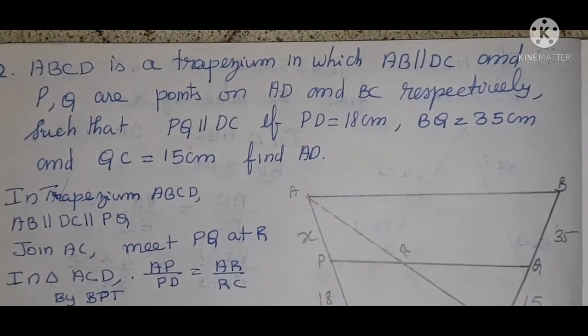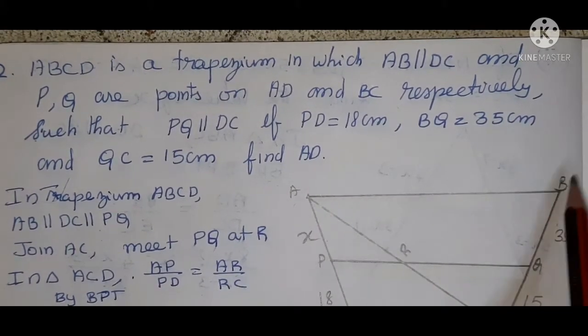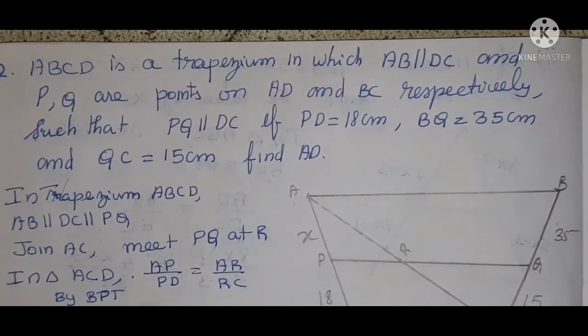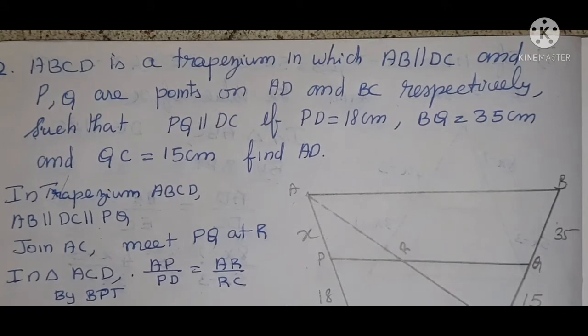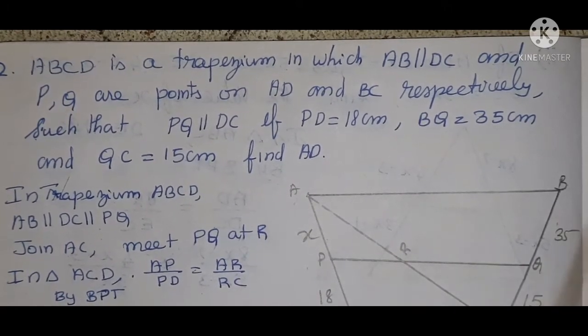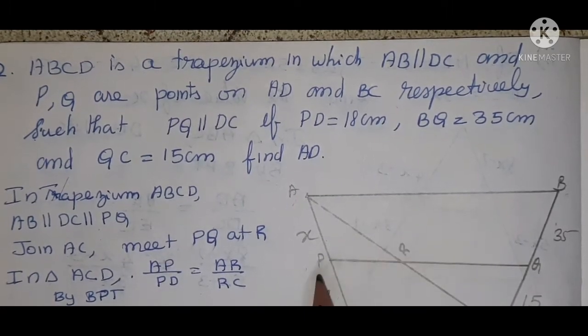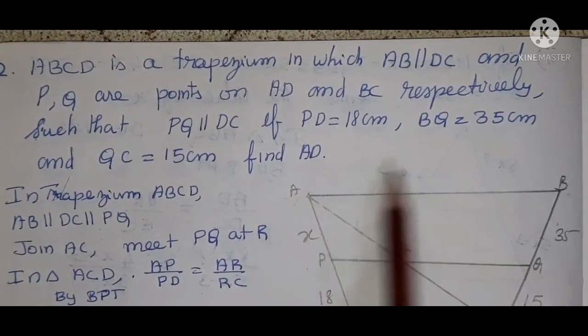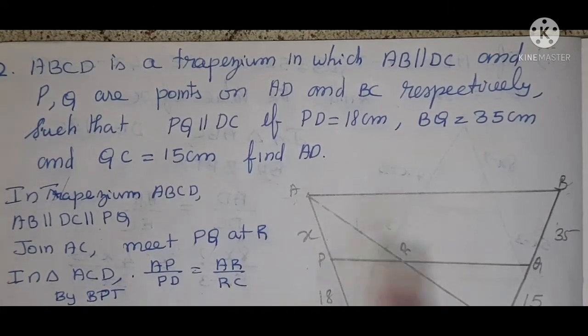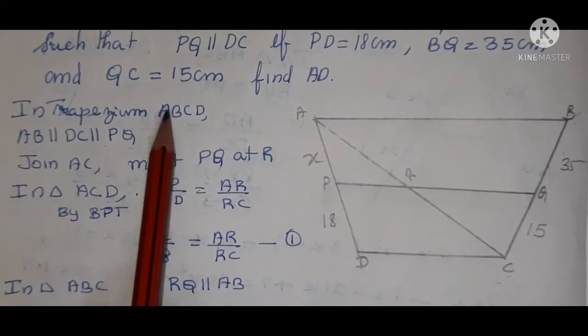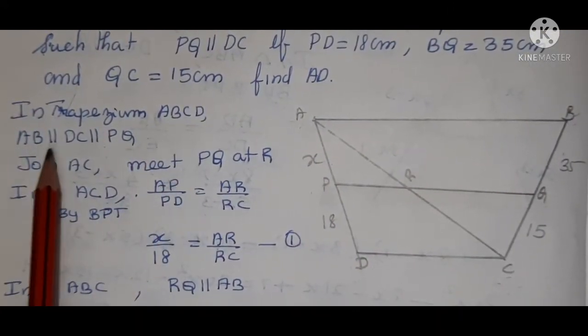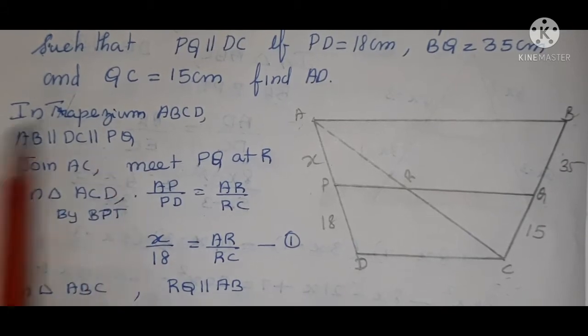ABCD is a trapezium. Here AB is parallel to DC. P and Q are the points on AD and BC. Joining PQ, PQ is parallel to AB and also DC. In trapezium ABCD, AB is parallel to DC is parallel to PQ.